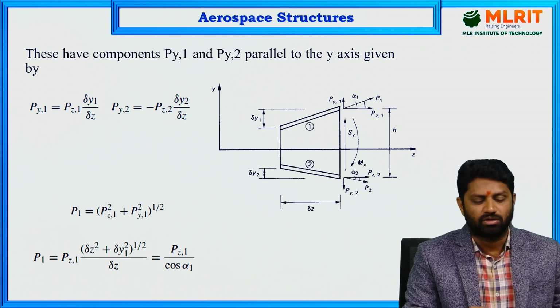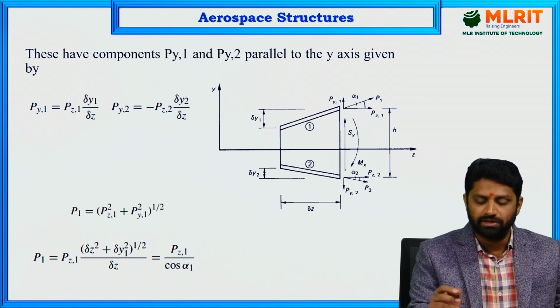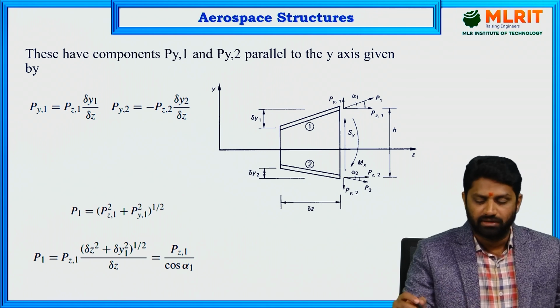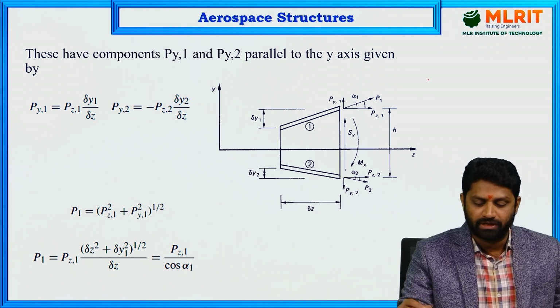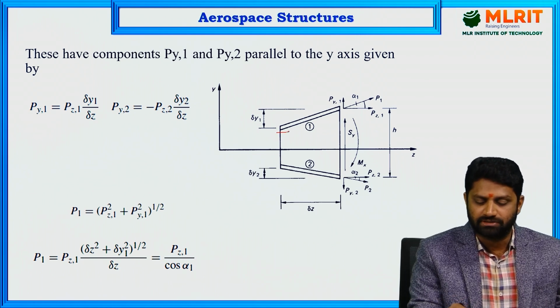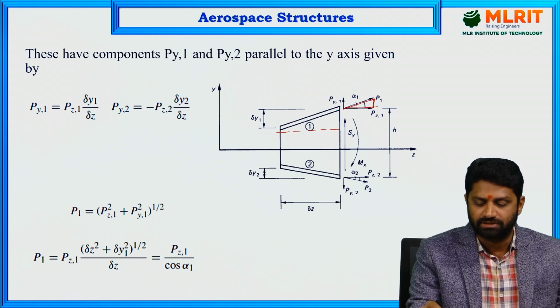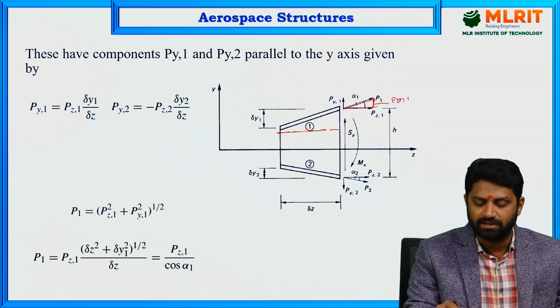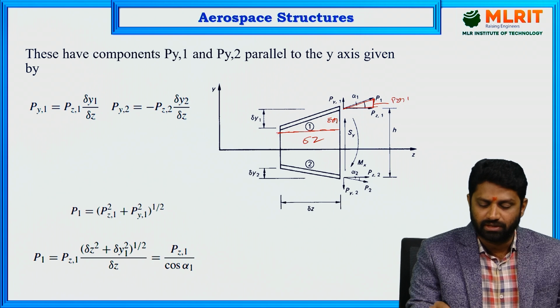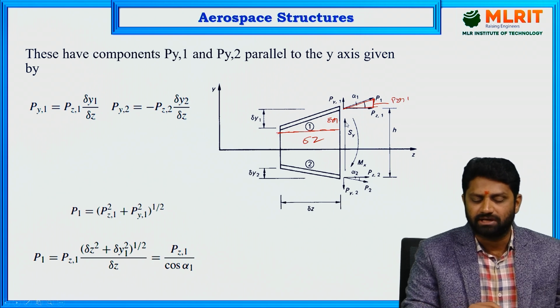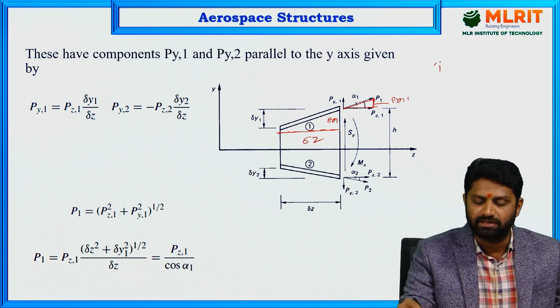When you look at this diagram and consider the similar triangles, this is Py1 with angle alpha 1, this is delta z, and this is delta y1.